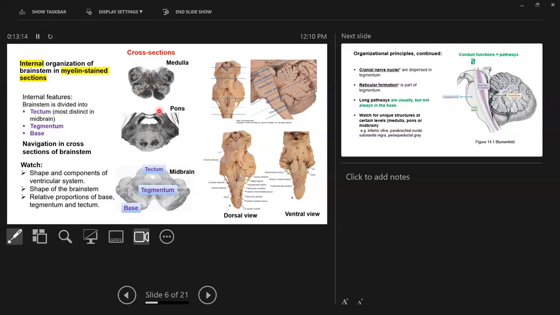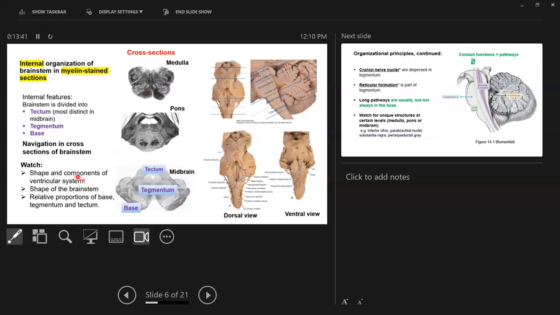It is a central region relative to the surface of the ventricular system. That would be here, and once again here, relative to that, a broader central area, and then ventrally the base or ventral aspect throughout the brainstem, midbrain, pons, medulla oblongata.